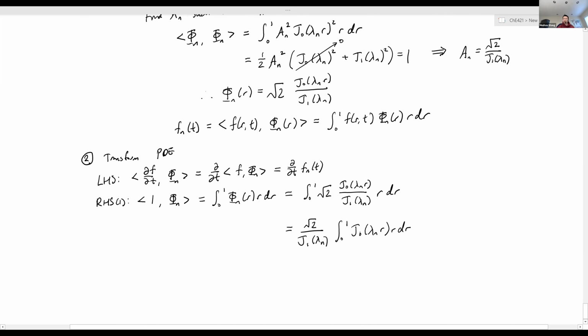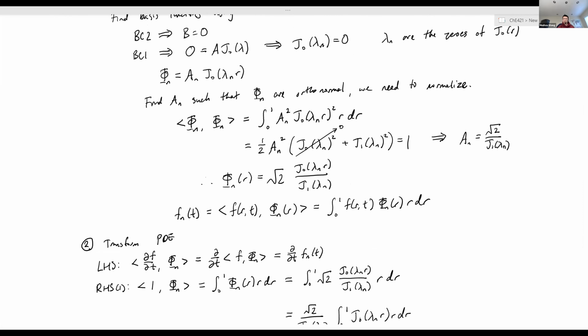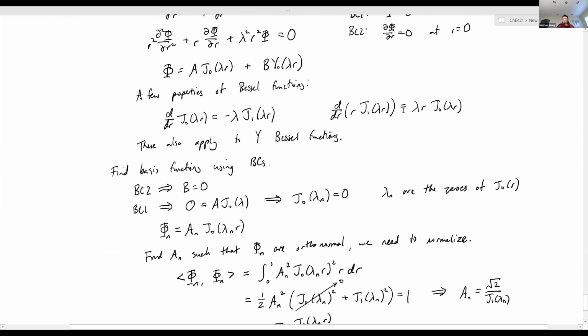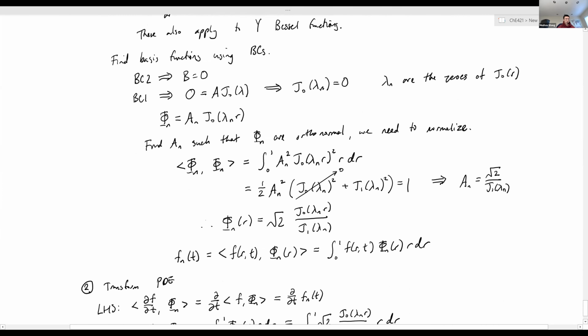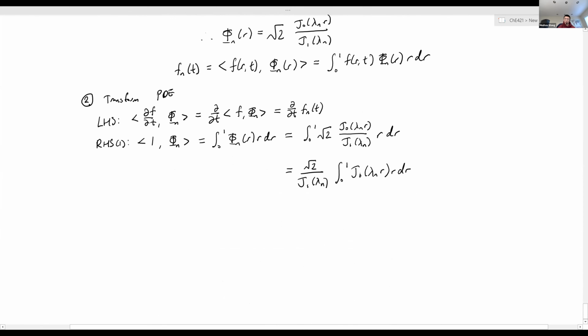And you can also evaluate this integral. You can basically use the properties of Bessel functions, right? You know that the derivative of this is equal to r j0 lambda r. And so then the integral of this is just equal to this.